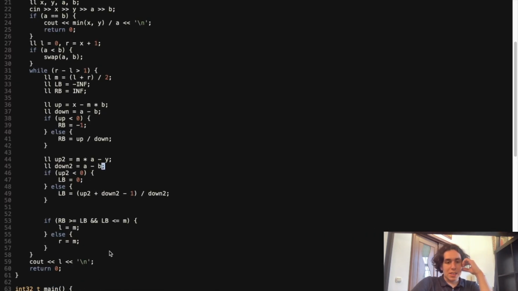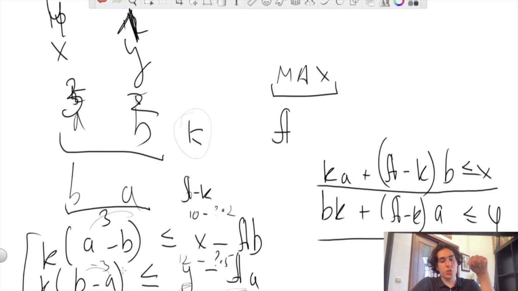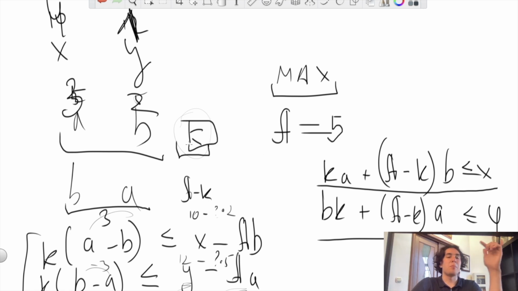Whatever. And the last problem was that, okay, we found the interval in which we should find the answer, but even if RB is more than LB, we should also check that LB is less than M, because there can be a solution in which we have A equal to 5, and we try to take 6 of this and -1 of this, and it's of course not correct.